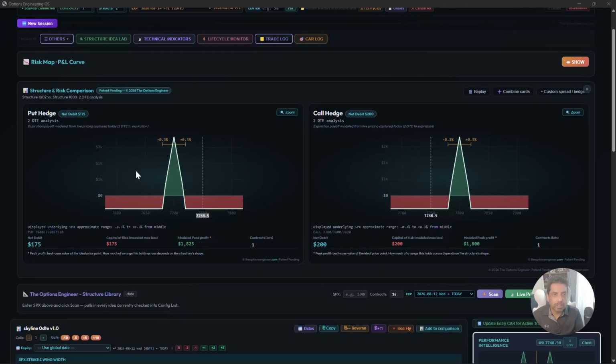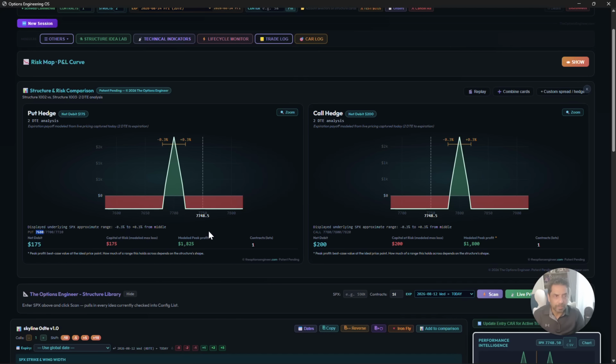We are on the Options Engineer OS, and two butterflies here, 2 DTE from today, expiring this Friday, and they are equidistant from the spot. The market closed somewhere around 7750 today, and the butterfly on this side is 7720, 7700, and 7680.